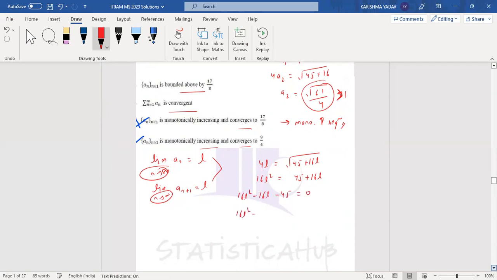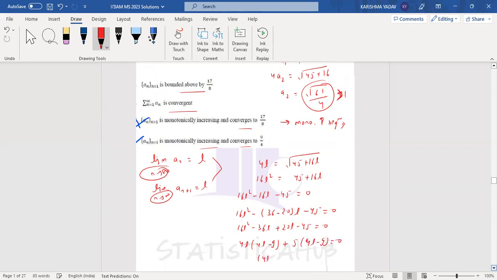Splitting the middle term, 16L square minus 36L plus 20L minus 45 equals 0. Taking out common factors, we get 4L minus 9 times 4L plus 5 equals 0.